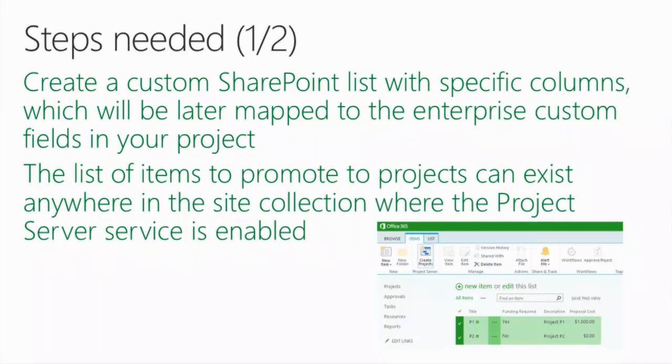And there is just one requirement: in order for this specific action button that's available in SharePoint to work, you need to create this SharePoint list in the site collection where the Project Server service is enabled. Because of course there's a need for SharePoint to communicate with Project Server.